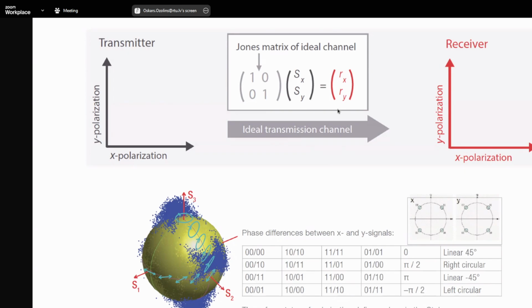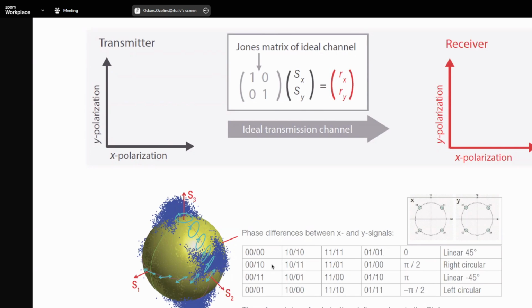So here is a bit more of definitions. We can have X and Y polarization at the transmitter, and X and Y polarizations at the receiver, and then we can quantify these polarizations in an ideal channel with the Jones matrix, and they're different for different polarizations.